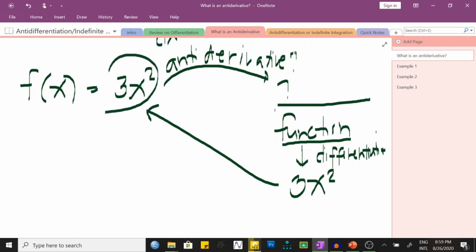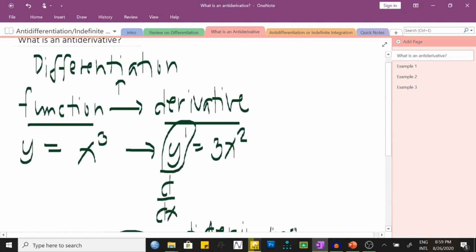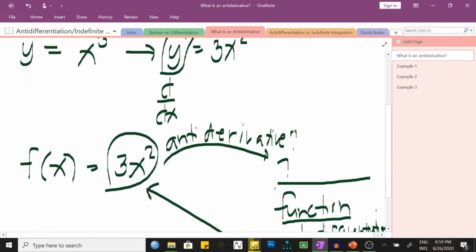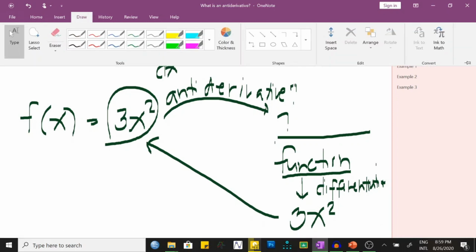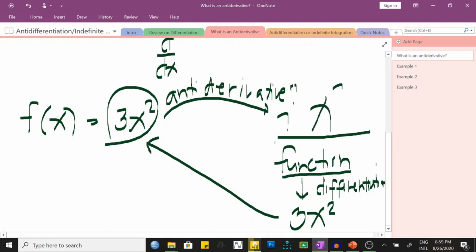This looks familiar, right? That is simply the derivative of the function we differentiated here. This means that the function that can give a derivative of 3x squared is x cubed. And x cubed is considered an antiderivative for 3x squared.